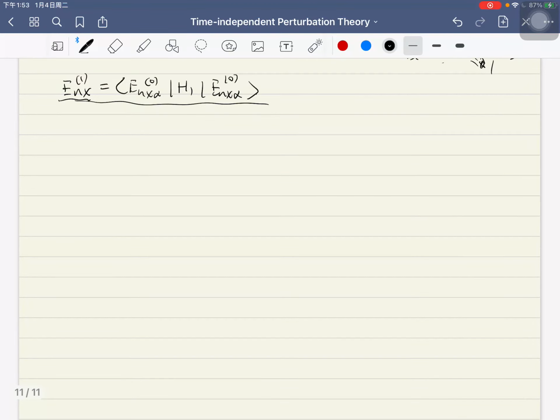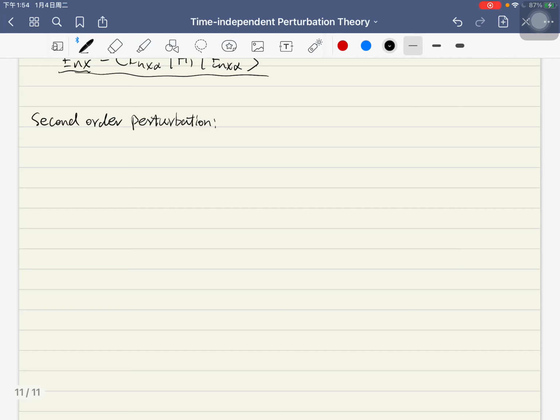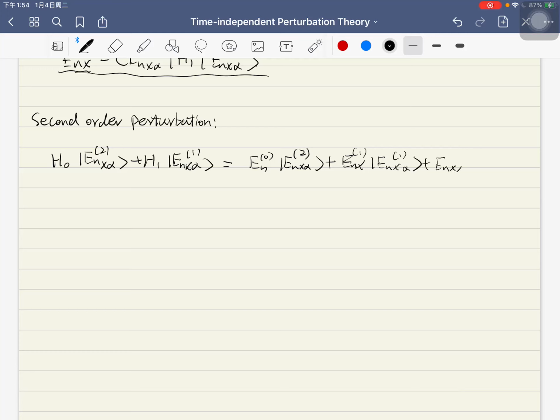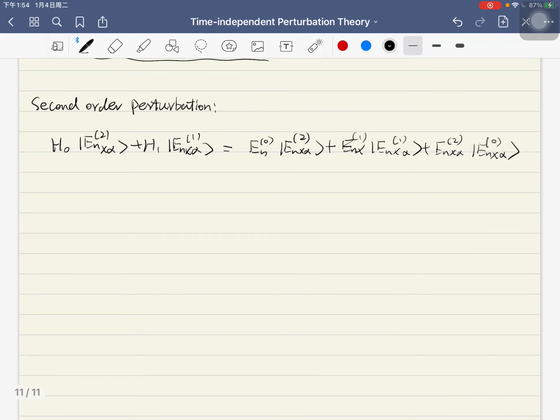Then we consider the second order perturbation. The basic equation is H0|E_nx alpha^2> plus H1|E_nx alpha^1> equals E_n^0|E_nx alpha^2> plus E_nx^1|E_nx alpha^1> plus E_nx alpha^2 |E_nx alpha^0>.